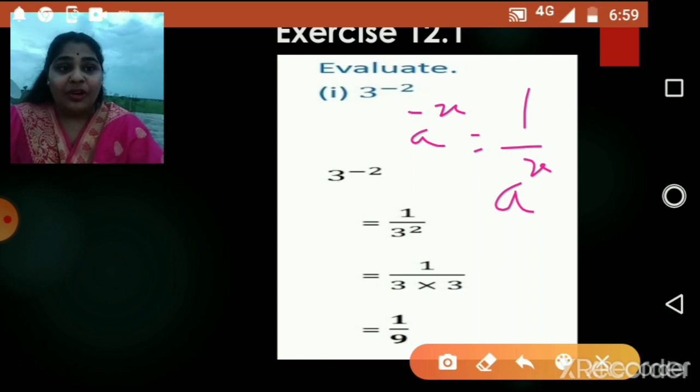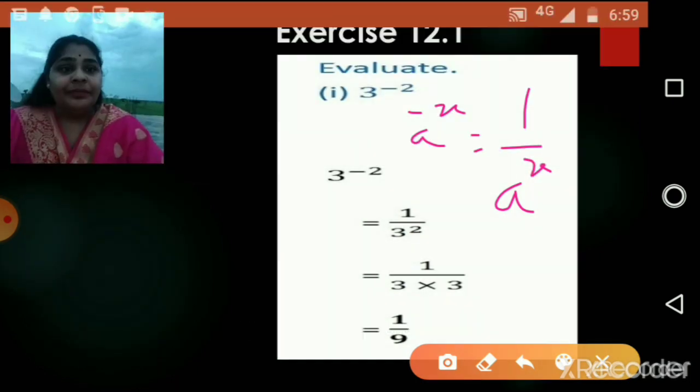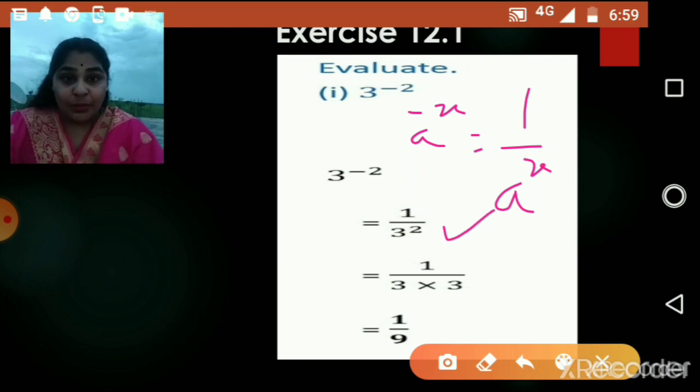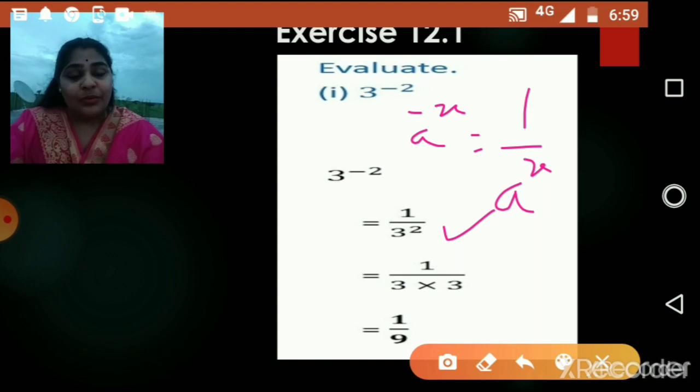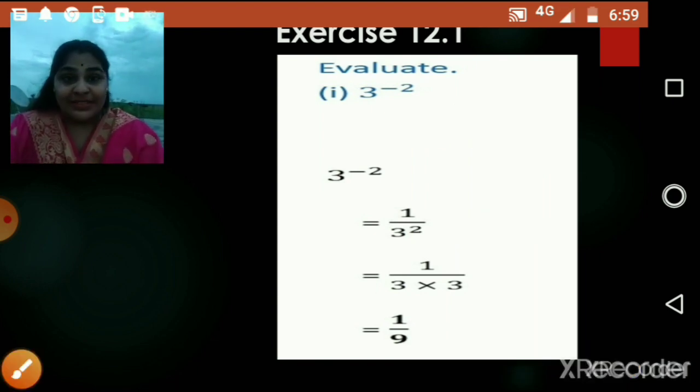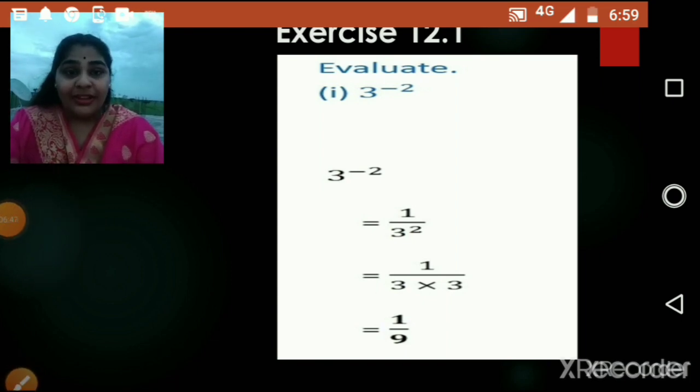So using the law of exponent, a raised to minus x is equal to 1 upon a raised to x, which is equal to 1 upon 3 square. So this is equal to 1 upon 3 into 3, which is 1 upon 9. I hope this is clear, children. Easy. You have to just use the law and solve it.